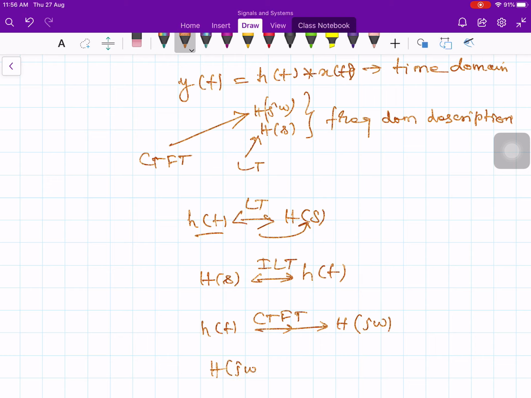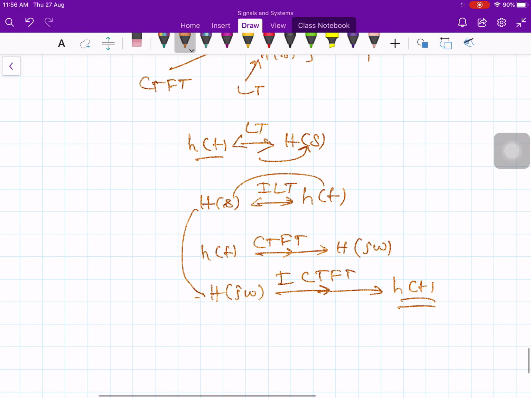Similarly, h of j omega, you take the inverse continuous time Fourier transform, then again you will get back h of t. So they are very closely related to each other, h of t and h of j omega, and h of t and h of s. In fact, one can move from h of s to h of j omega and from h of j omega to h of s also. That will be taken up at a later point of time.